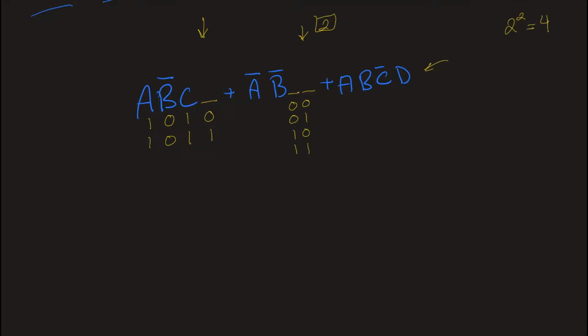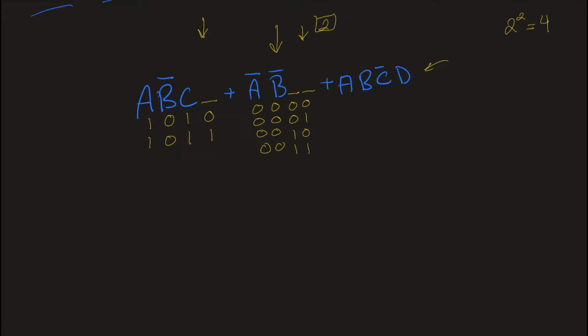But no matter what they are, these 2 always have to be 0, because they have the overbar. And so notice, the reason this works is if A naught is 0 and B naught is 0 and C is 0 and D is 0, this is going to be true because C and D don't even matter in that equation. And that's why we have to add all possible combinations.